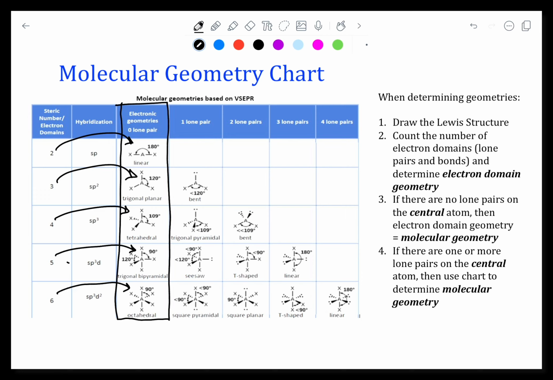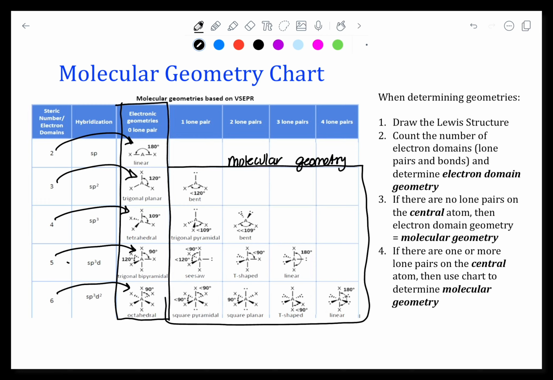If I'm asking for electron domains, I don't care if they're bonds, lone pairs, whatever, I am asking strictly about that first column. If I'm talking about molecular geometries and we start adding lone pairs, then we're talking about everything here. So this is when we start adding lone pairs, and I'm asking about the molecular geometry.